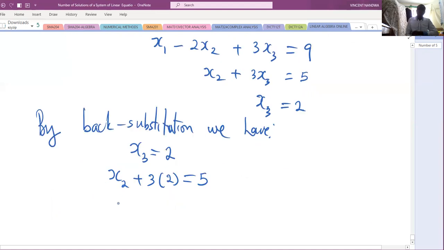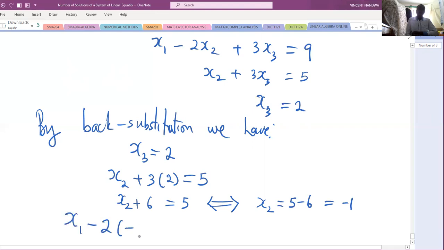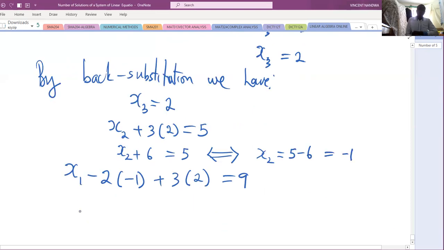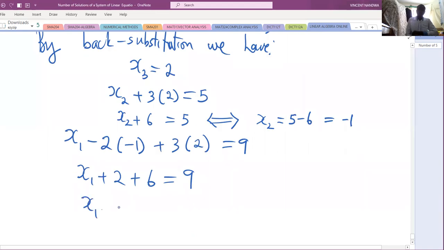So x2 plus 6 equals 5, which is true if and only if x2 equals 5 minus 6, which is -1. And then equation 1, x1 minus 2 times x2, you put -1, plus 3 times x3, you put 2, should give us 9. So this would be x1 plus 2 plus 6 equals 9. x1 plus 8 equals 9. x1 equals 9 minus 8, which is 1.